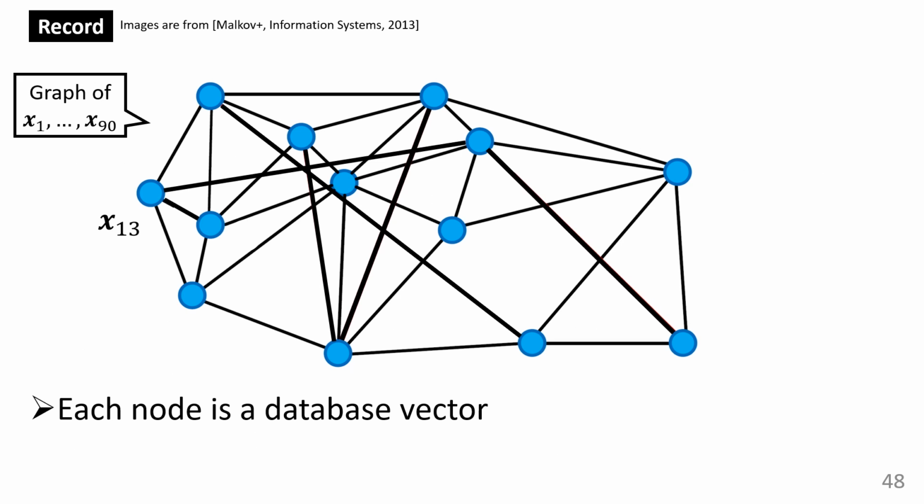So how to record data? Because this is a graph-based method, we need to create a graph. Please consider each node is a database vector. This blue one is, for example, x13. Let's say this is a graph of x1 to x90. I will explain how to add a new vector here.